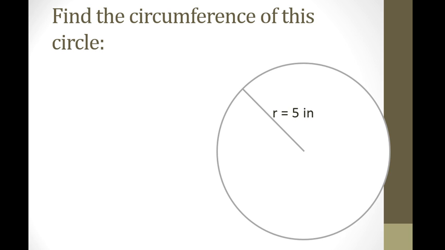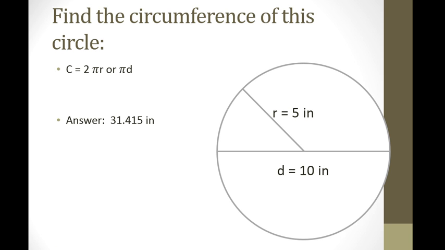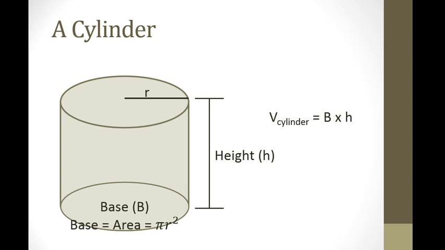Now take a moment and find the circumference of this circle. Remember that our equation for this is 2 pi r, so we are going to take pi times the radius and simply double it. What you should come out to is 31.415. So this would be the distance completely around the circle.